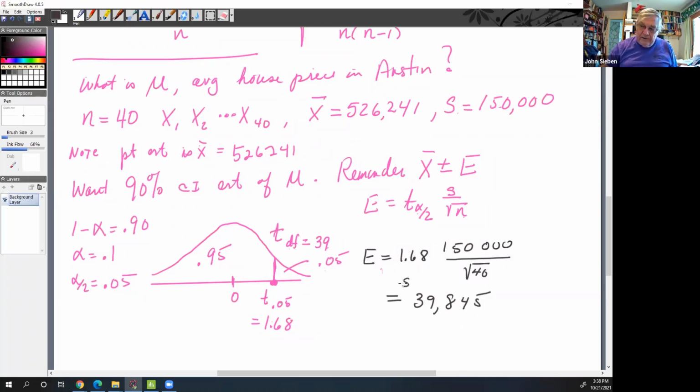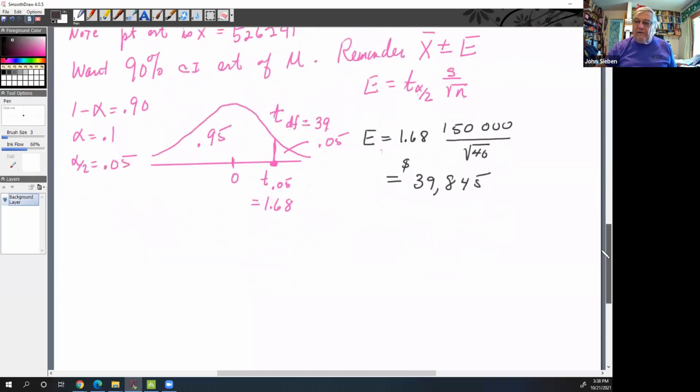And in this example, that would be dollars. The margin of error is $40,000.